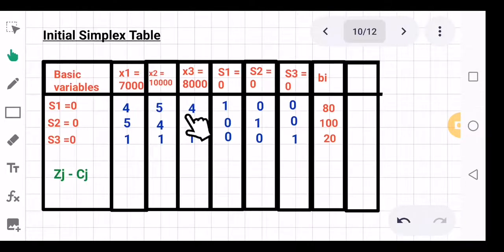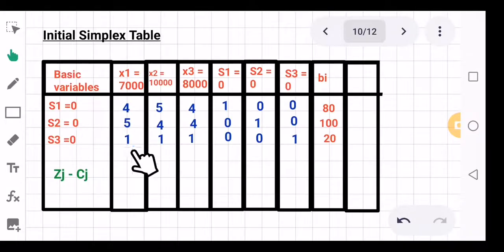Zj value for this is 4 into 0, 0. Zj value for this is 1 into 0, that is 0. Zj value for this cell is 0 into 0, which is 0. Zj value for 5 is 5 into this 0, which is 0. Zj value for this is 4 into this 0, 0.